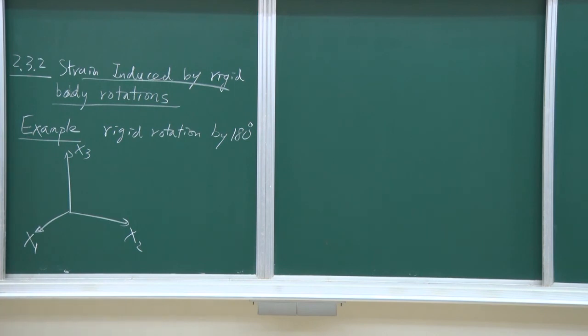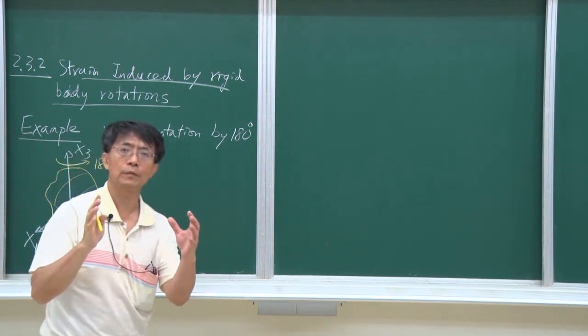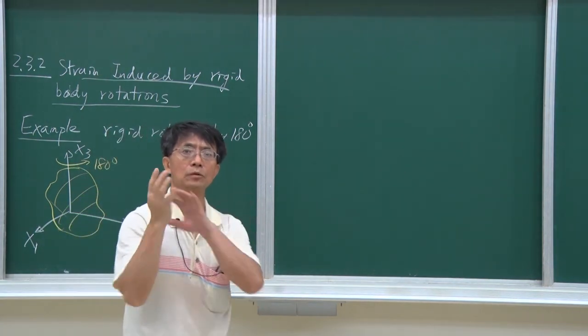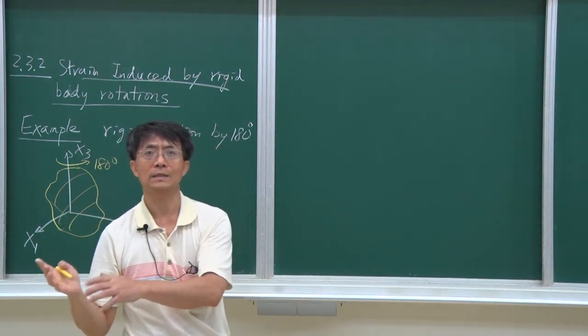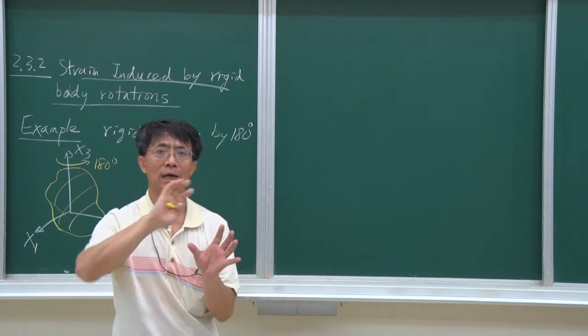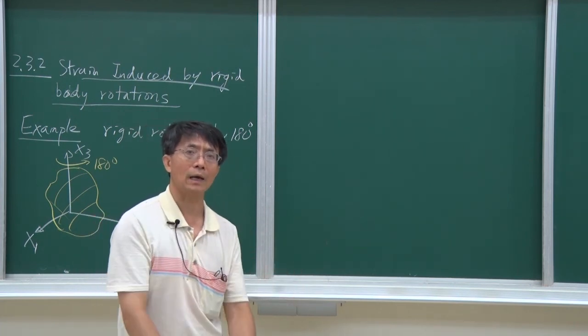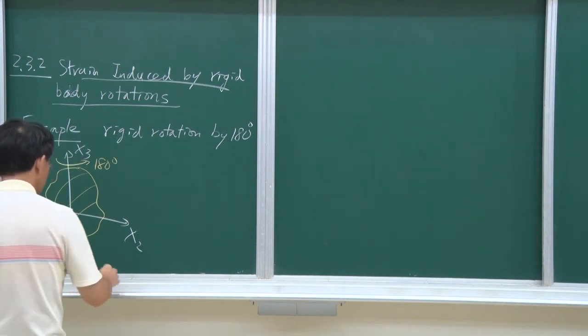We have a coordinate, and for example, we have a body, a yellow body, of course a three-dimensional body. We rotate it 180 degrees, turn it from the front side to the back side, right side to the left side. Rotate it 180 degrees. What happened?